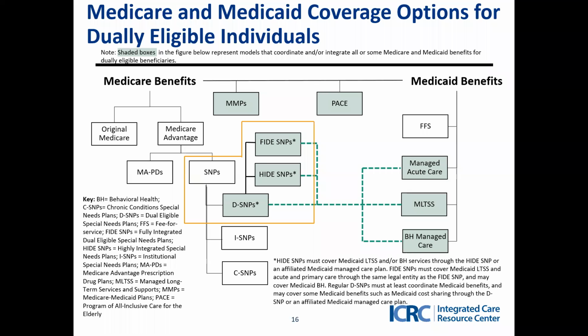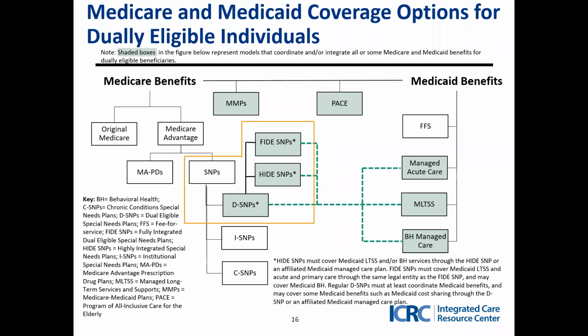All D-SNPs are required to coordinate Medicaid benefits for their enrollees, in addition to covering Medicare benefits. Some D-SNPs may also cover Medicaid benefits or align with Medicaid managed care plans that cover those benefits. We will discuss D-SNPs, highly integrated D-SNPs, and fully integrated D-SNPs during today's presentation.